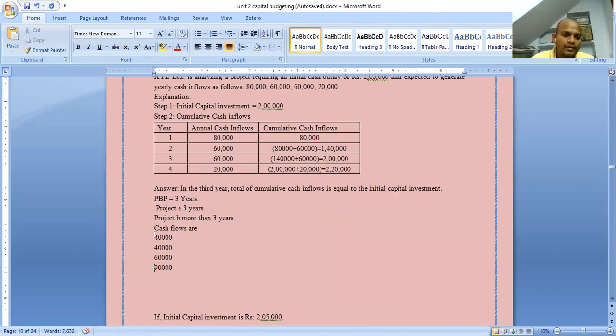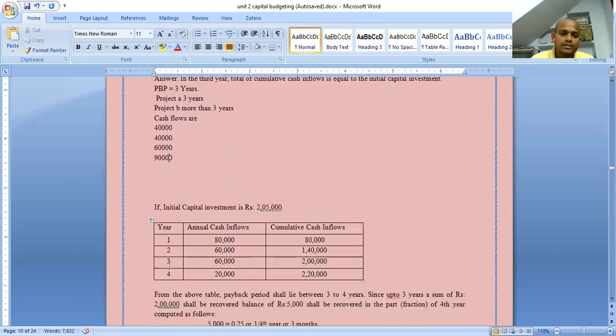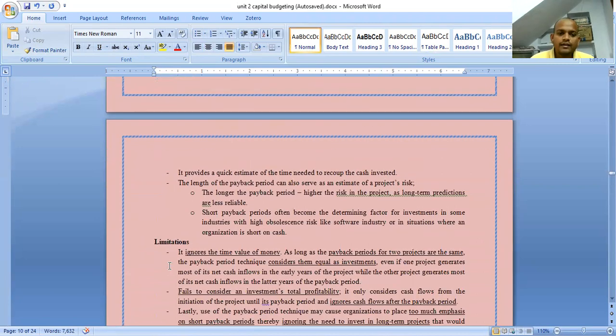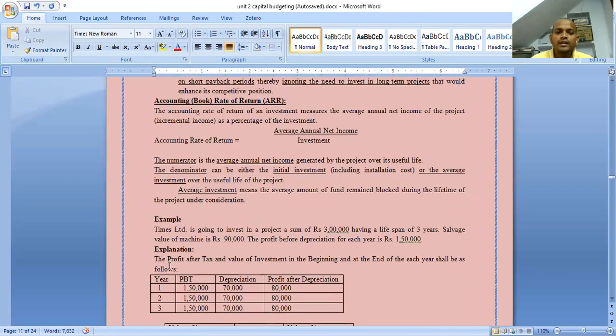But the average rate of return considers all the cash flows. So that is the advantage of the accounting rate of return. So how to calculate this accounting rate of return? Average annual net income divided by investment. So we have to average the annual net income.